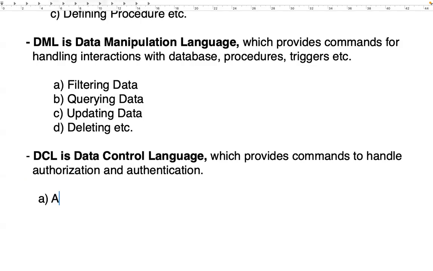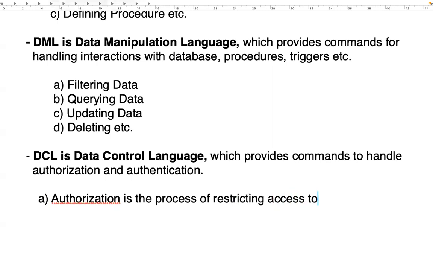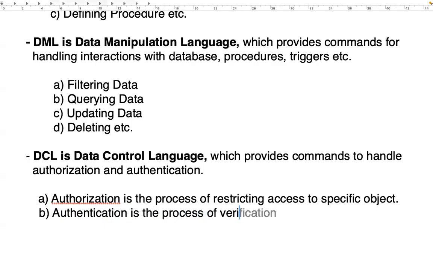So here authorization is the process of restricting access, and authentication is the process of verifying credentials.